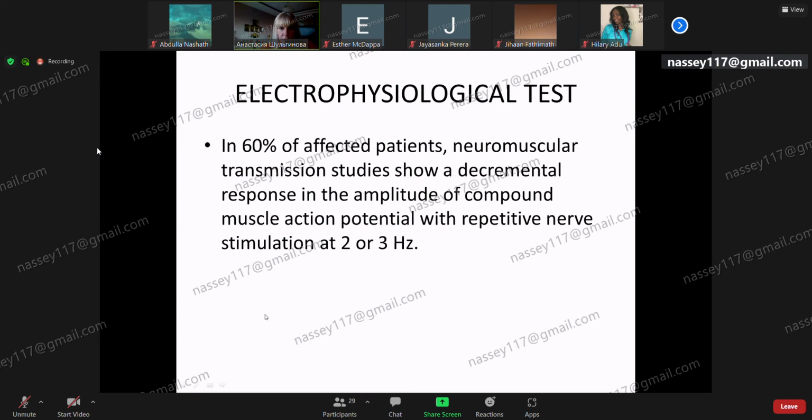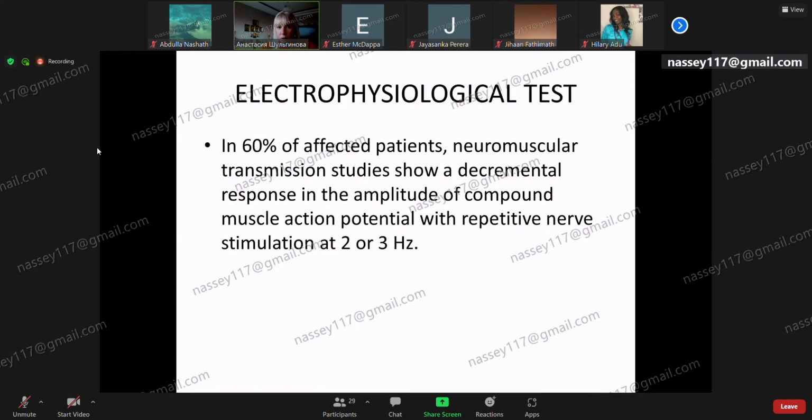Electrophysiological test. So, in 60% of affected patients, neuromuscular transmission studies show a decremental response in the amplitude of the compound muscle action potential with repetitive nerve stimulation at 3 Hz. How will it look? In electroneuromyography, we do several blocks of stimulation, usually 3 blocks, maybe 5.